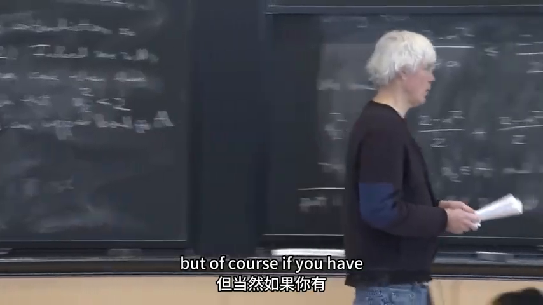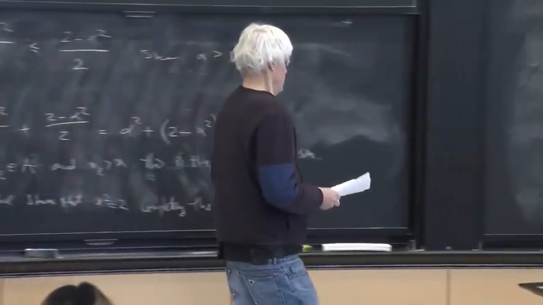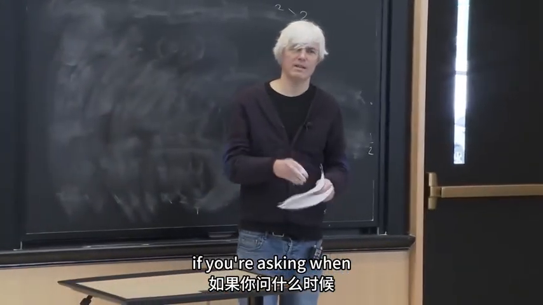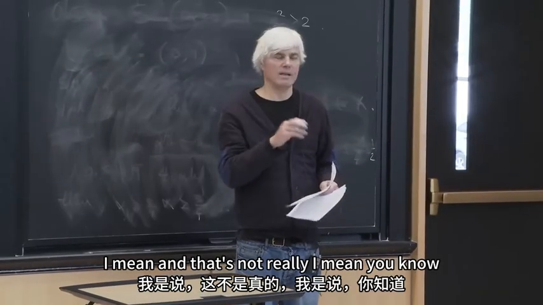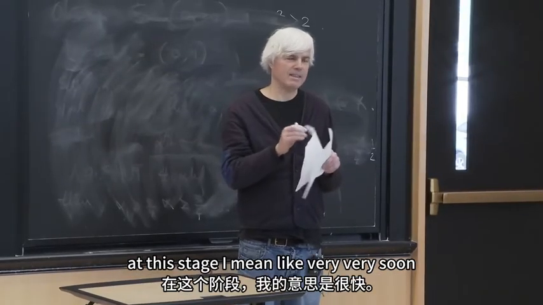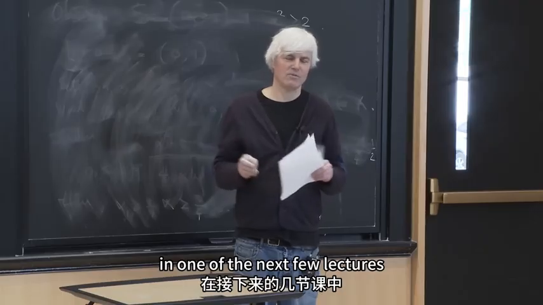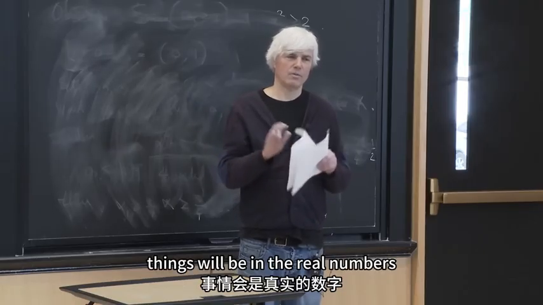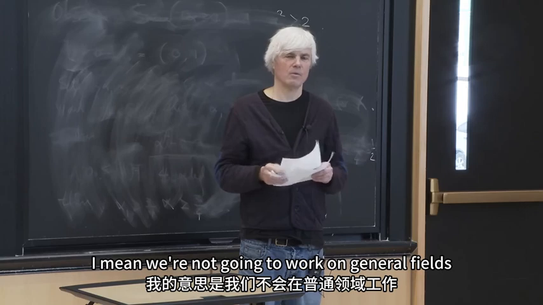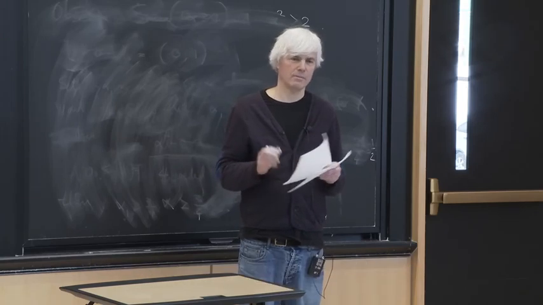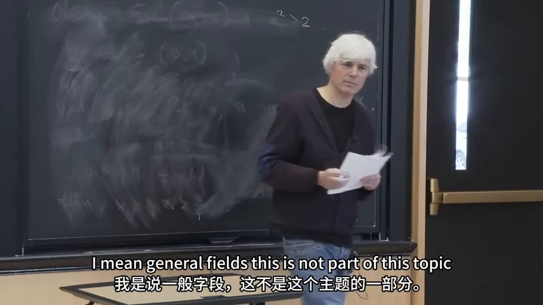But of course, if you're asking when, that's not really at this stage. Very soon, in one of the next few lectures, things will be in the real numbers. We're not going to work on general fields; that is not part of this subject.